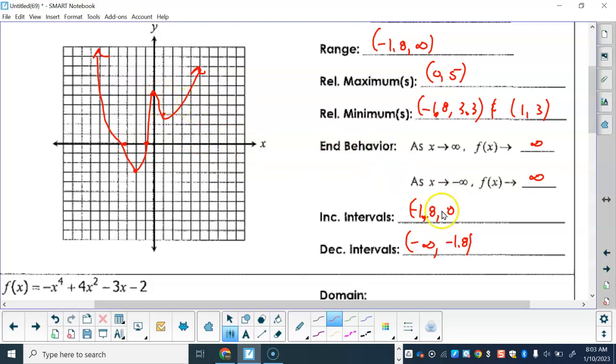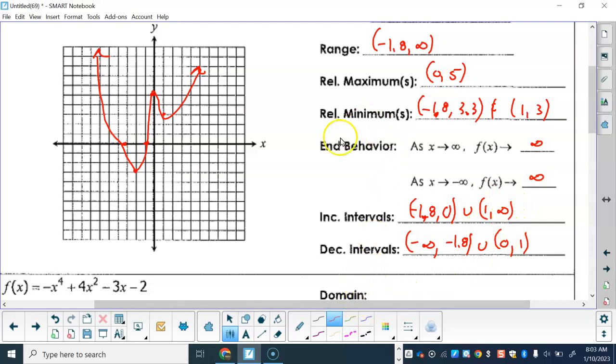That's where it changes direction, and at 0, it decreases again. So we have the union. We go from 0 to 1 on a decrease, and then it turns and goes back up, so we union it with 1 to infinity.